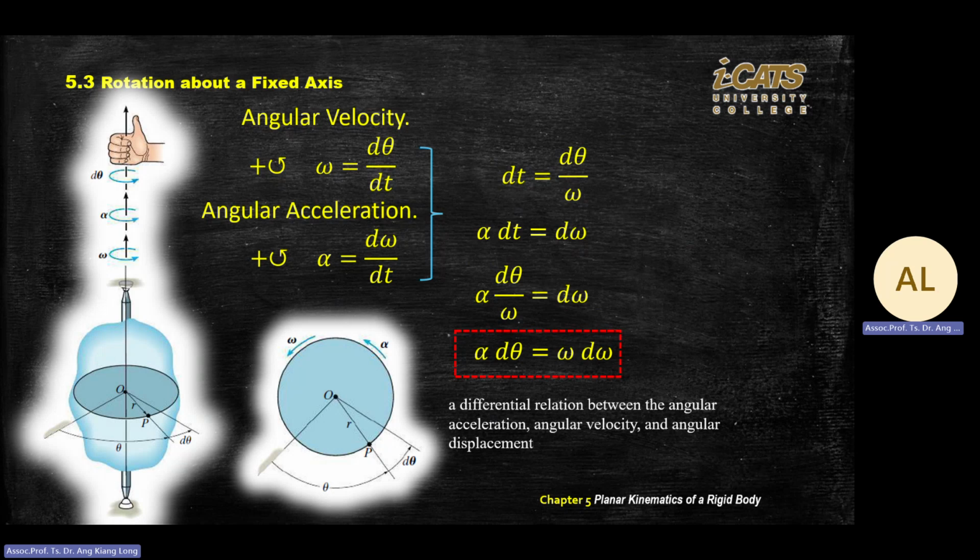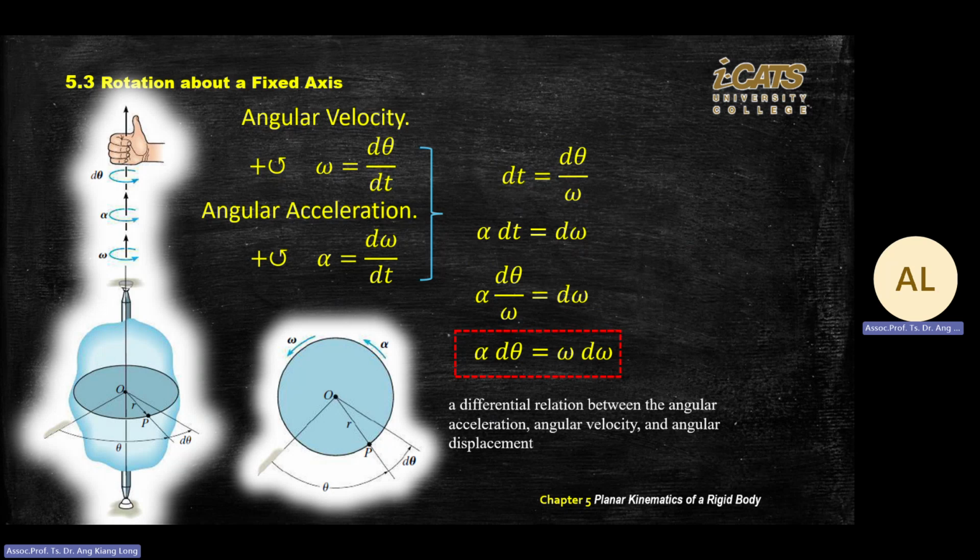Okay. Now, just to simplify, if you remember what you learned in chapters 1 to 3, if you replace alpha as A, theta as S, omega as V, this is what you see in A ds equal to V dV in chapter 1, when you derive the Newton equation.